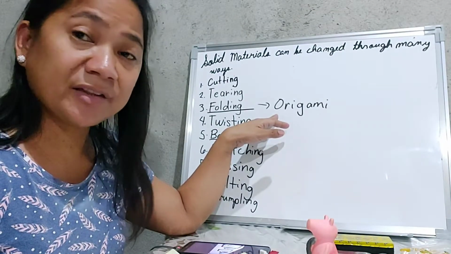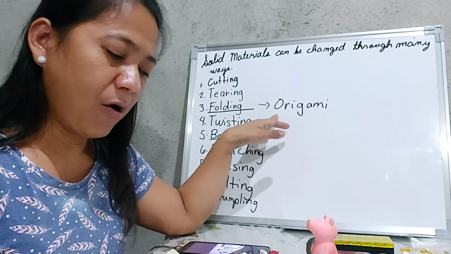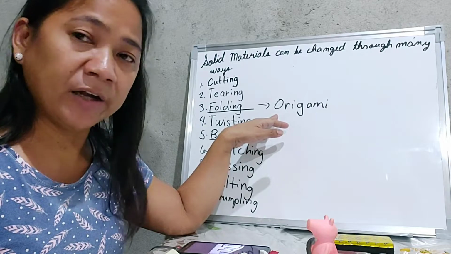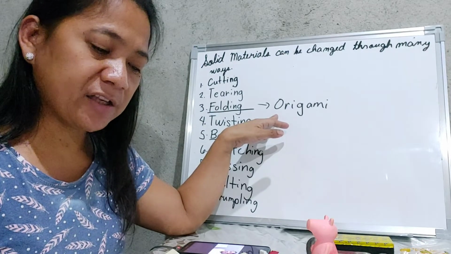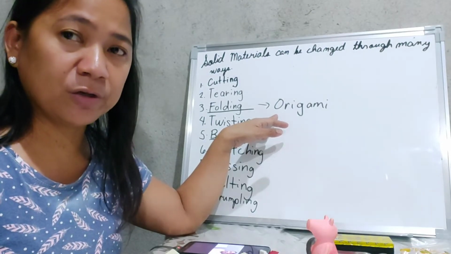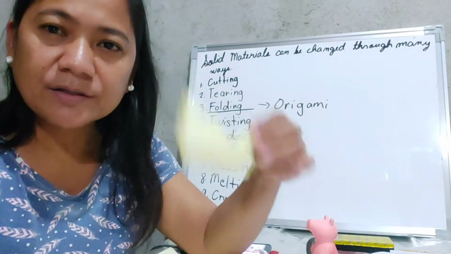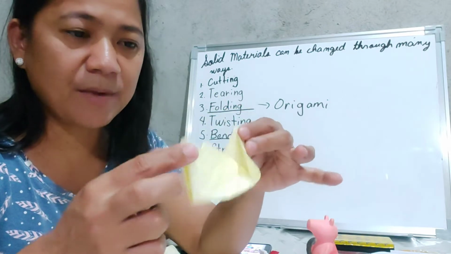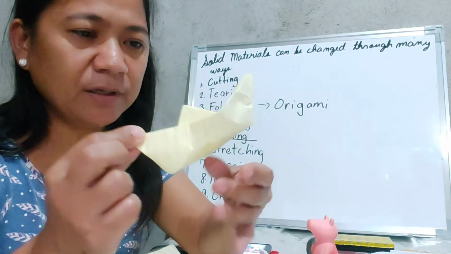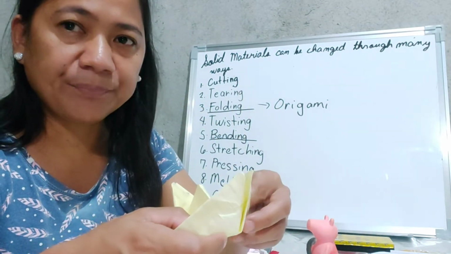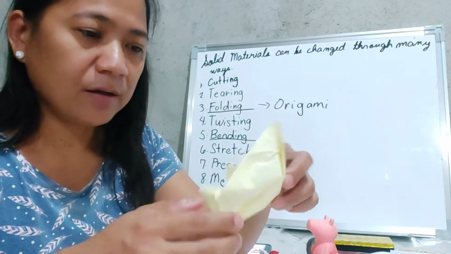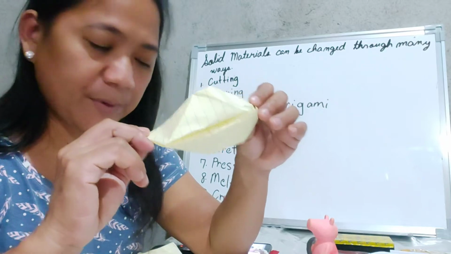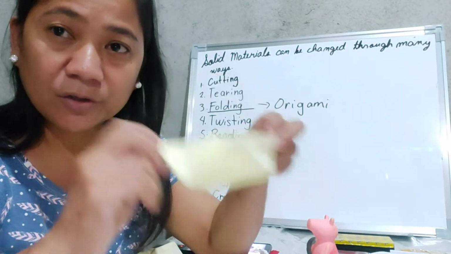Origami is the traditional art of folding paper into different forms. It is also the art of folding paper generally without cutting or gluing. So this is an example of an origami. I made something out of this paper using folding, without cutting or gluing it.